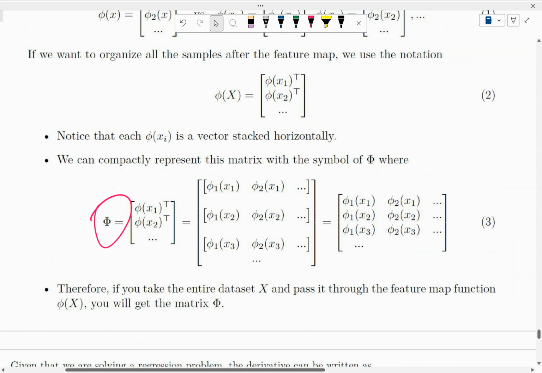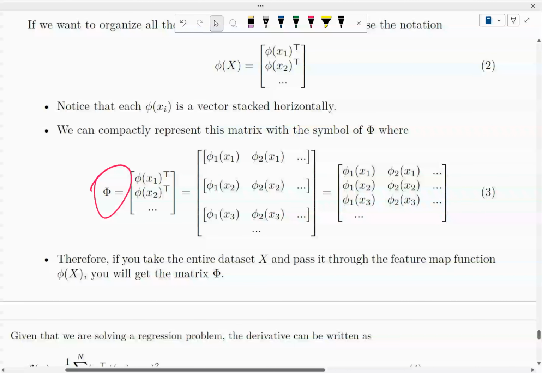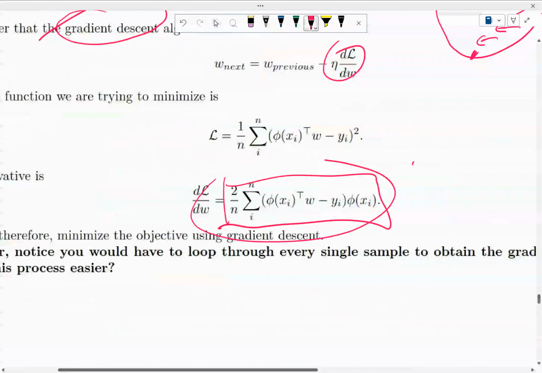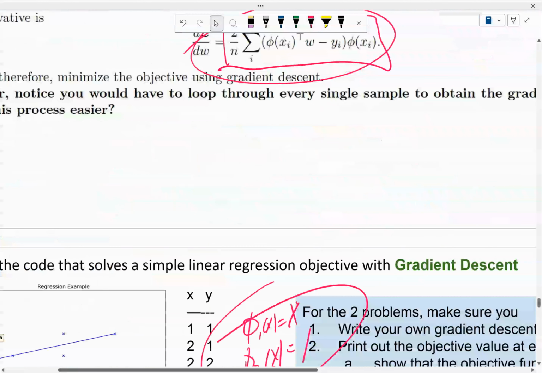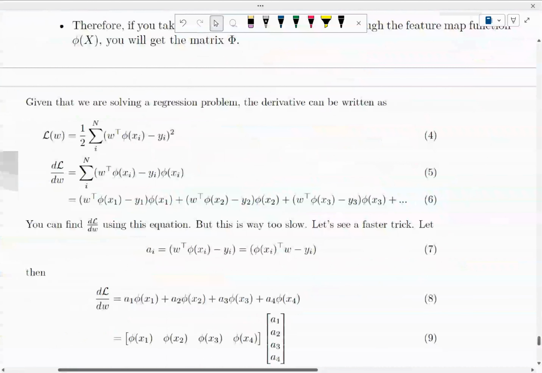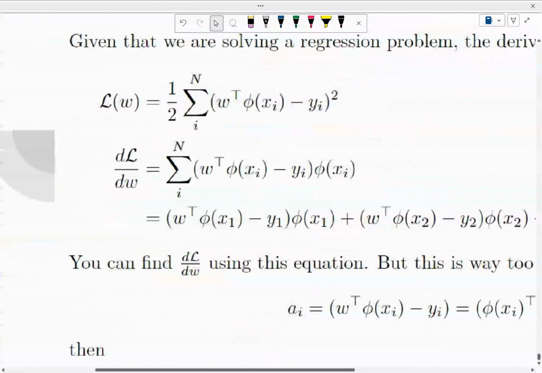Now, how does this help us simplify the calculation of derivatives? Remember, this is how the derivatives were previously calculated, which requires you to do a bunch of sums. Now let's look at this again. This is the derivative we just calculated.